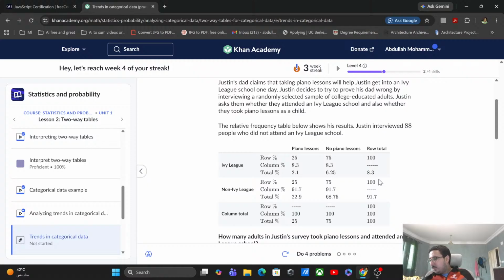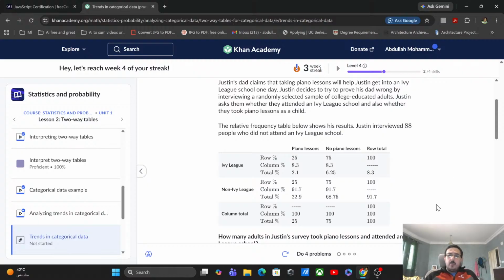What's an 8.3 equal to? So that's 8. So the people who attended Ivy school.